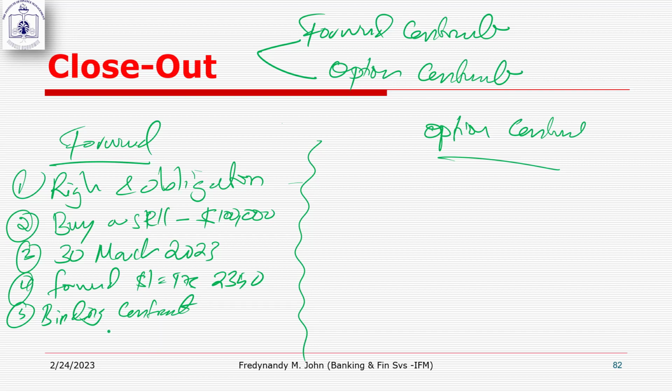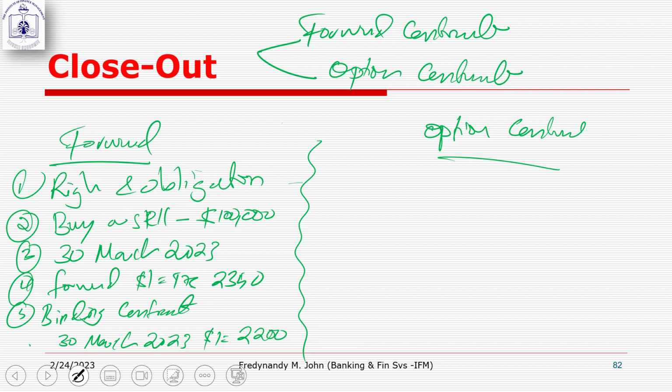What I mean is, if it happened that on the 30th of March the spot rate at the market is, for example, 1 USD for Tanzanian shillings 2,200, and the customer had entered into a contract with the bank to buy 100,000 USD from the bank at the forward rate of 23.50.